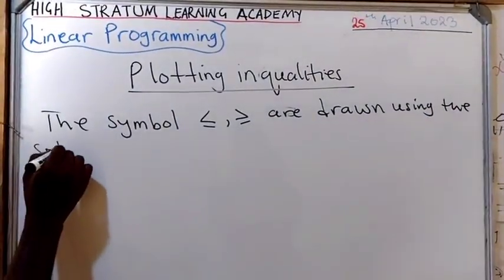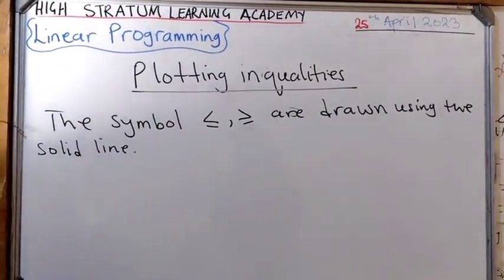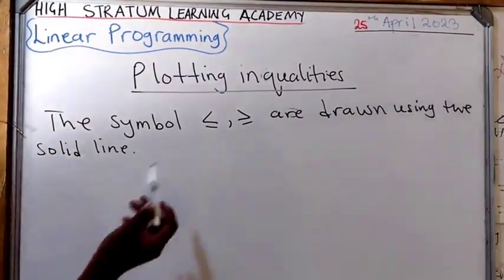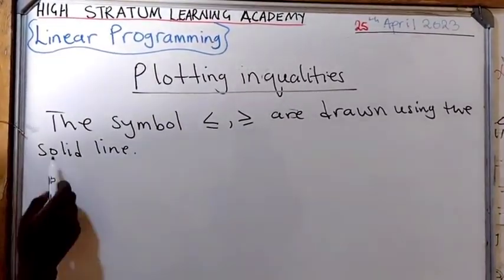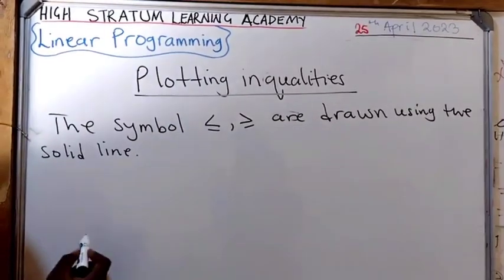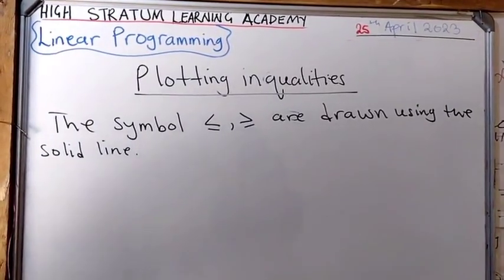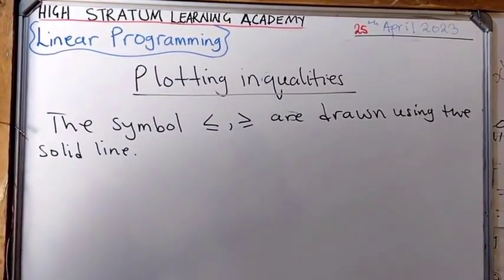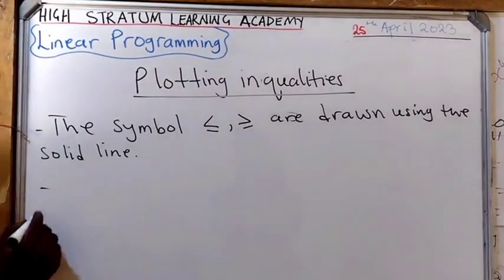This is very important for you to understand. The symbol less or equal to or greater or equal to are drawn using the what? The solid line, because of the equal to. And I've said the equal to simply means it's also part of the solution set, just like the previous examples I was giving you. So this is our first point.